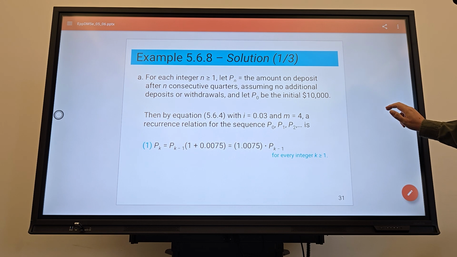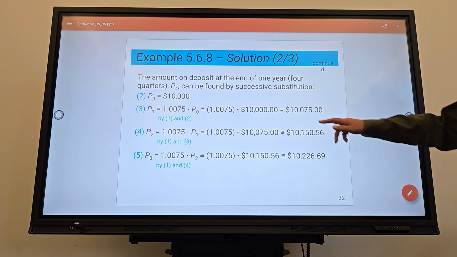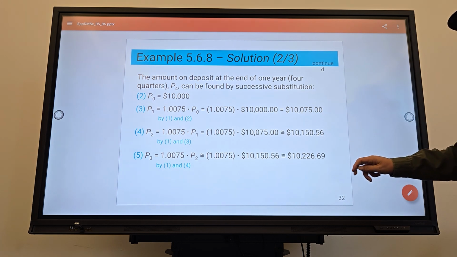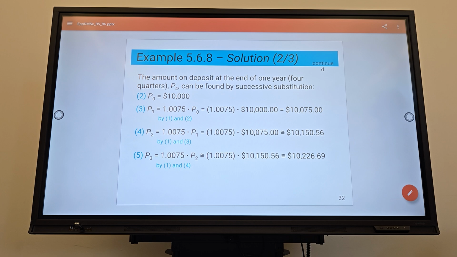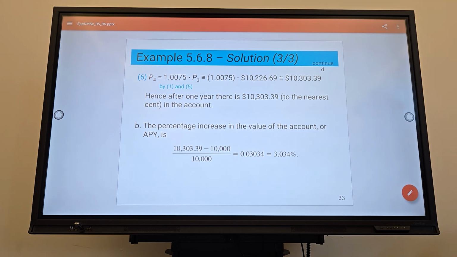So the amount on deposit at the end of the year, 4 quarters, can be found by successive substitution: 10,075, 10,150.56, 10,226.69, and then finally 10,303.39.